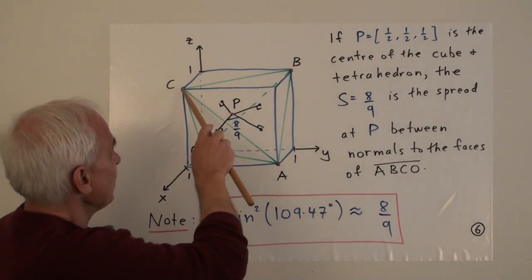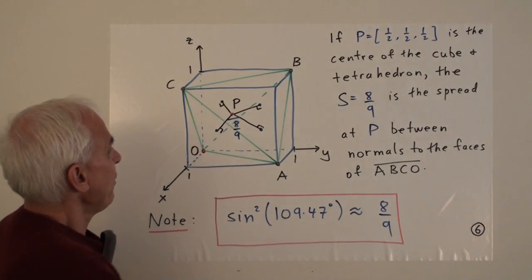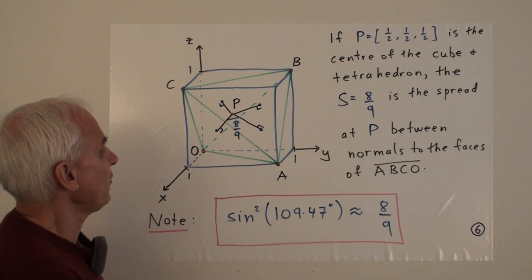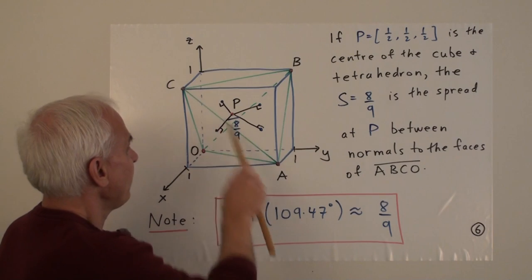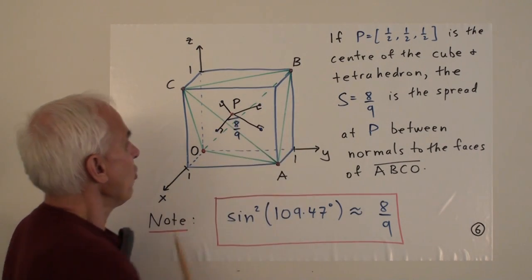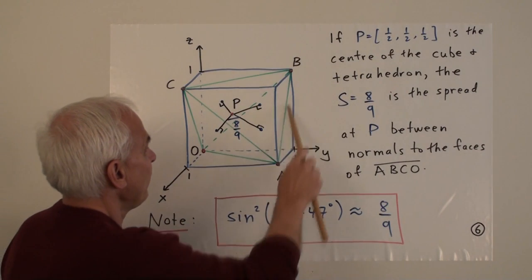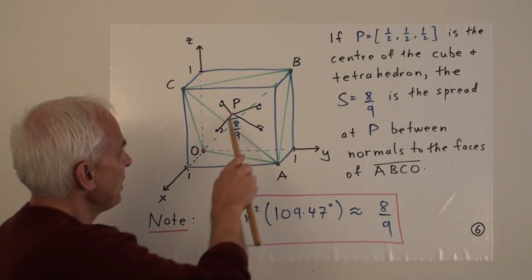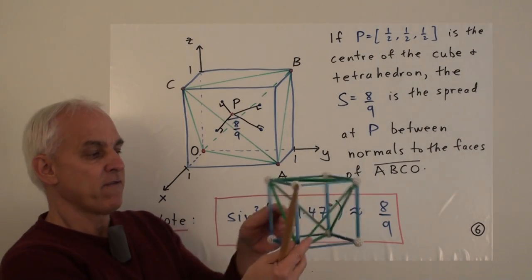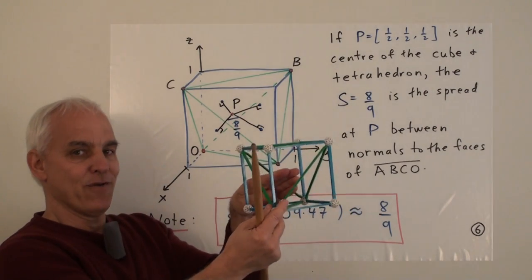If we have an adjacent face, say that one there, then that's going to be a normal to that face. If we take this face here, we get a normal like this. If we take this face here, we get a normal like this. So these are the four normals to the four faces from the center point of our tetrahedron.